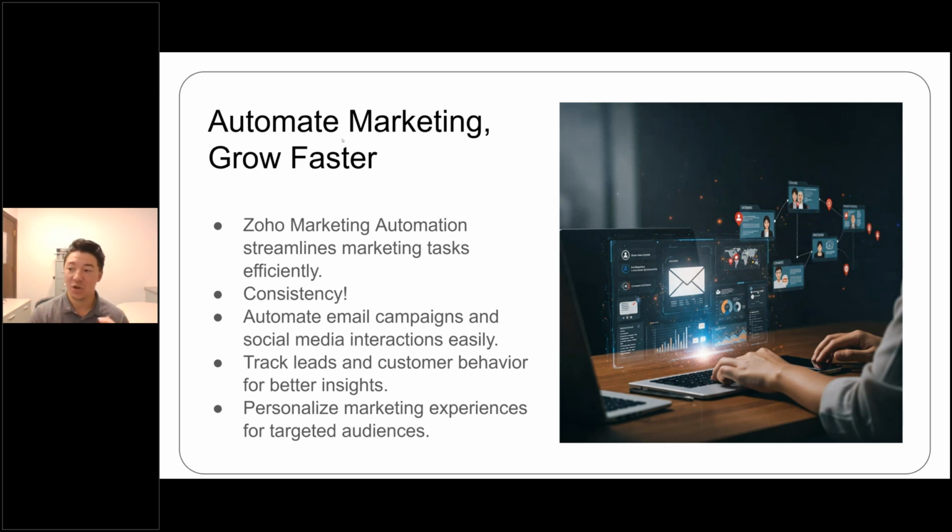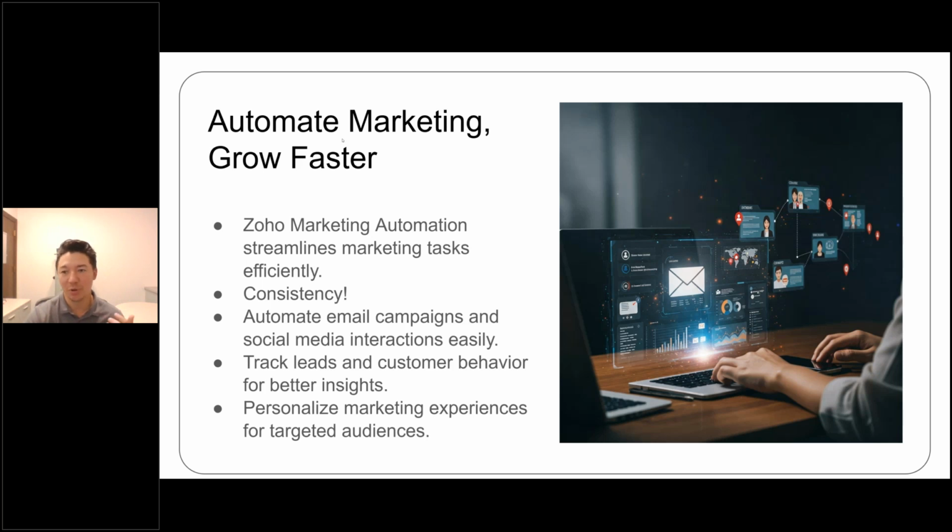Consistency. So automation ensures that your message is consistent across all channels and touch points. So this helps to build a strong brand identity and delivers more cohesive customer experiences. So no more worrying about inconsistent messaging, missed follow-ups, things like that.